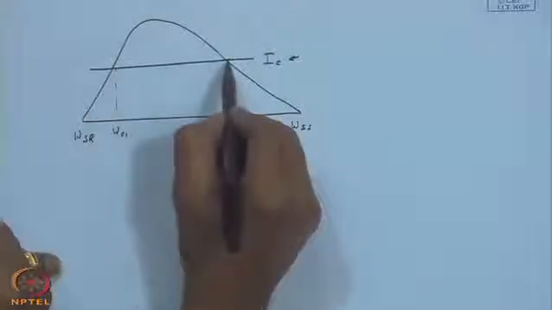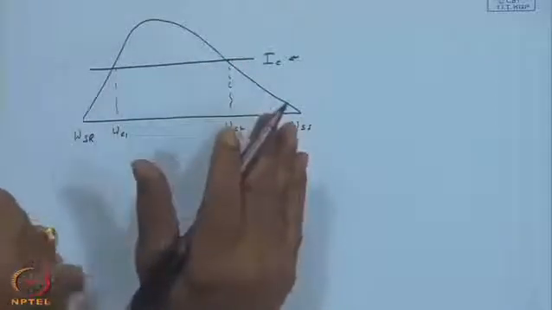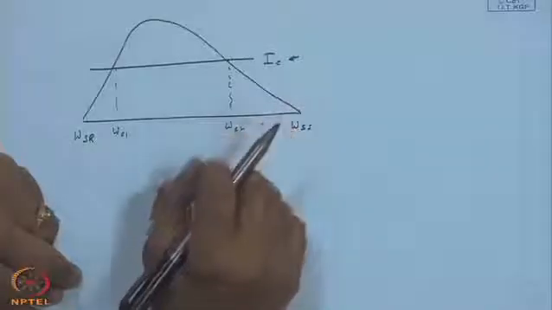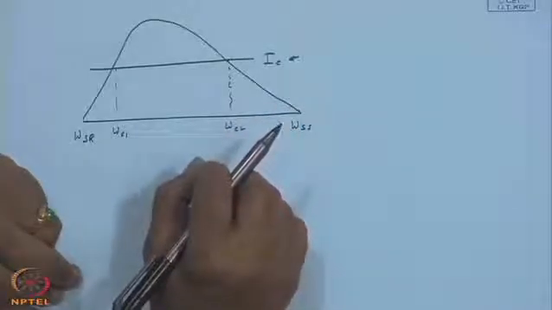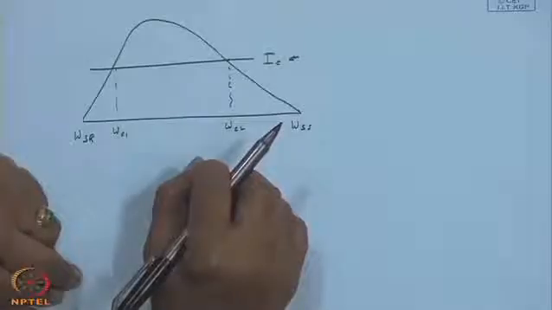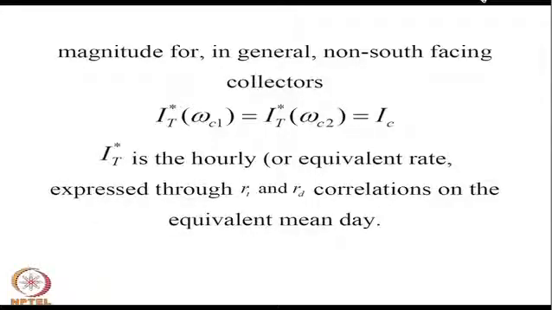So, in this zone is IT star always greater than IC by our definition, because IT star is the solar radiation on the average day of the month, excluding those days with a clearness index lower than KT minimum, for which there could be always IT lower than IC. So, this can be analytically done once you express IT star in terms of your RT and RD correlations.